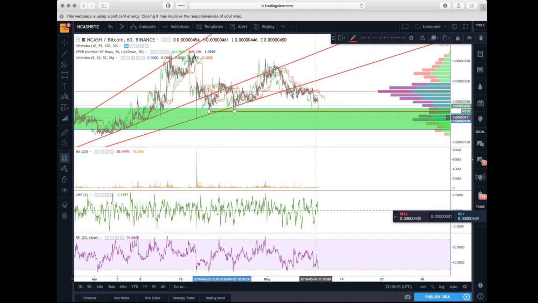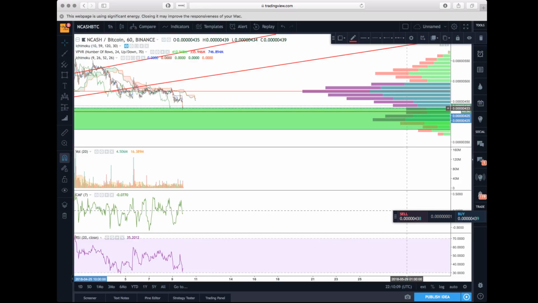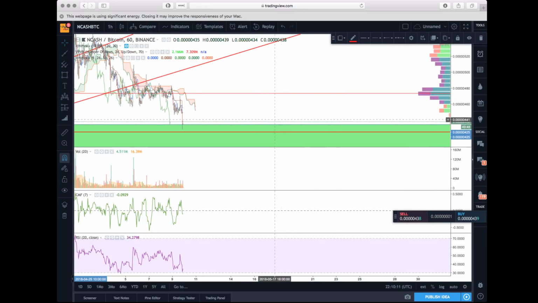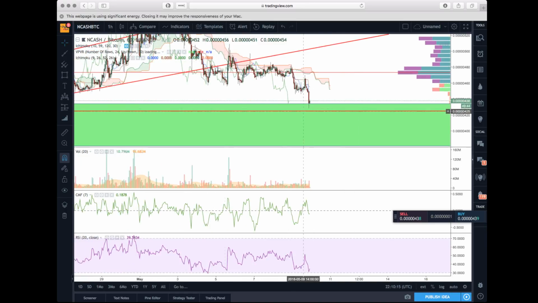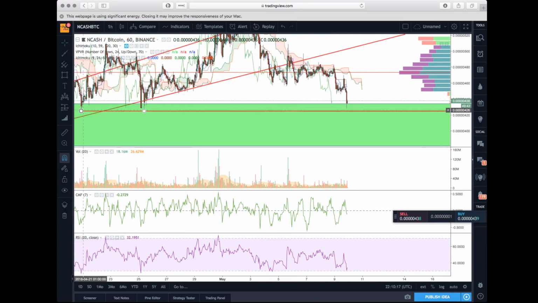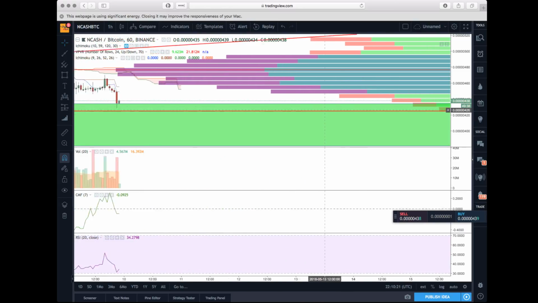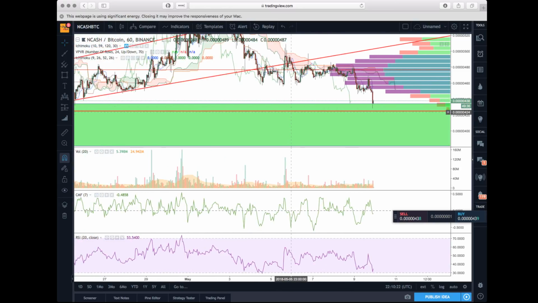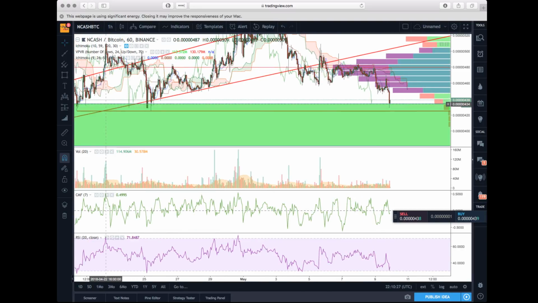Okay, so yeah, that's pretty much a straight line. Those two bounces occurred. So that would be one of the more bullish things that I would see on this chart, is the fact that we've bounced here twice already, and we're trying to do it a third time. That's always good. Let's see what happened on those previous bounces, though. What did those look like?